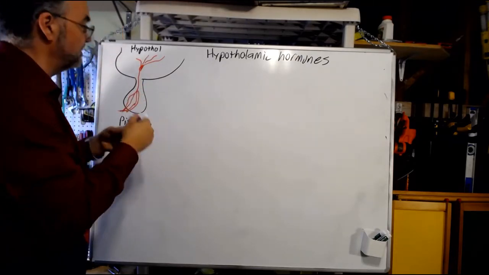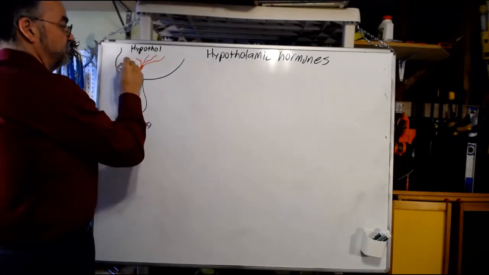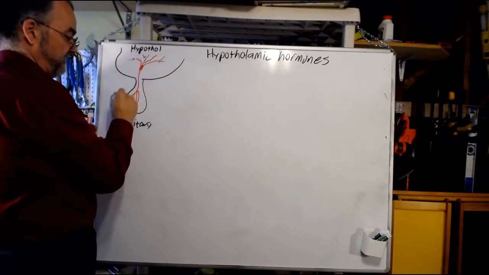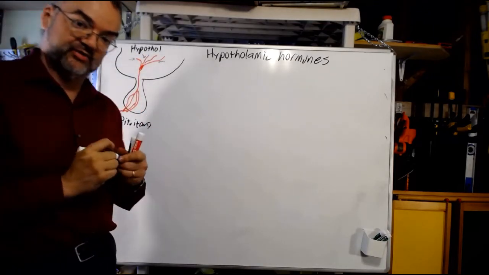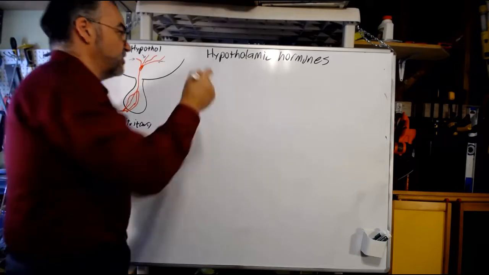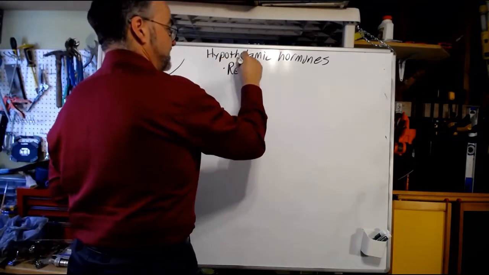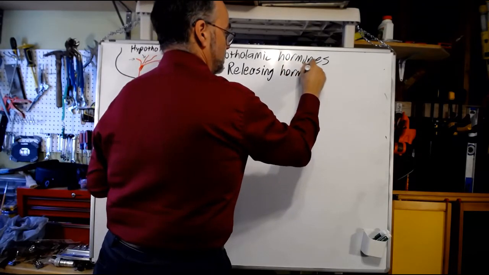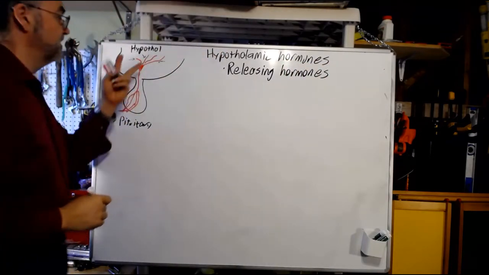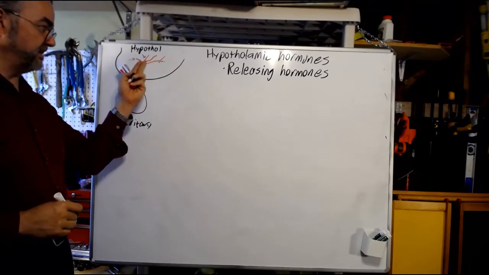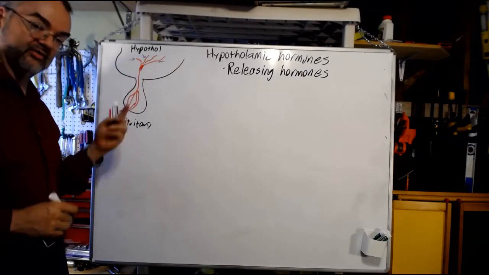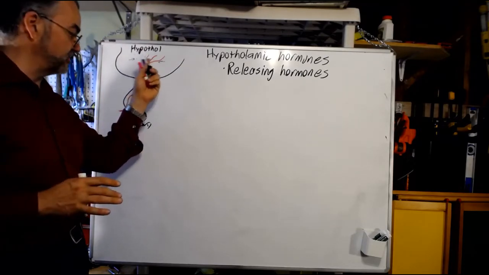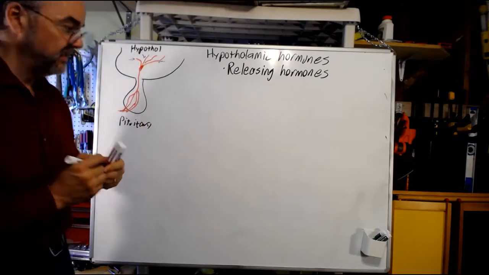So here, neurohormones from hypothalamic cells are put into the blood up here and then have an effect right here in the anterior pituitary. These are what are known as releasing hormones, named because when they show up, when they're put in here, they trigger the release of hormones in the anterior pituitary. So this is one of the ways the hypothalamus controls the anterior pituitary.